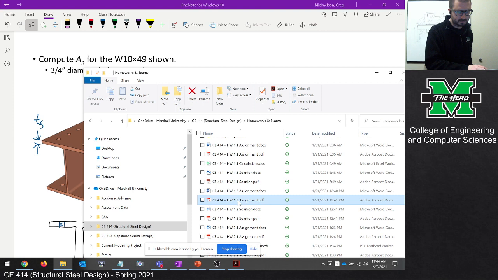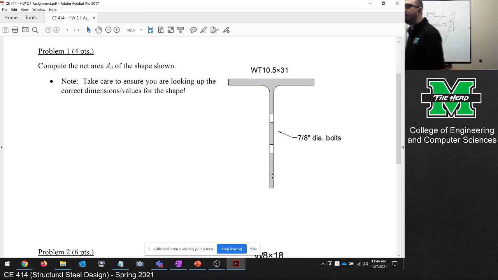All right, so here are the 2 questions on the homework assignment. I've got 2 net areas. One of them is the net area of a WT 10.5 by 31, and the other is a W8 by 18. For both questions, you want to make sure that you're using the right values.